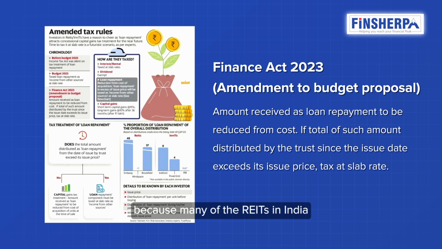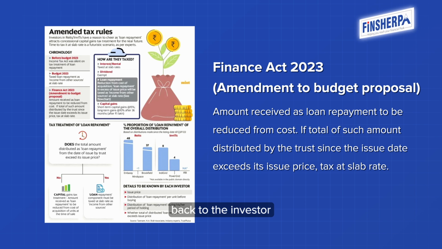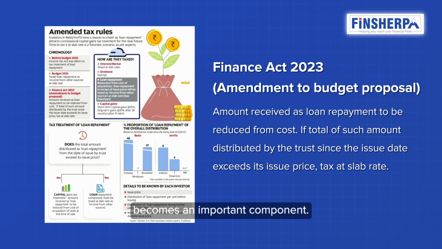And this is important because many of the REITs in India have given a reasonably large proportion of money back to the investor in the form of loan repayment. So the taxation relating to loan repayment becomes an important component.